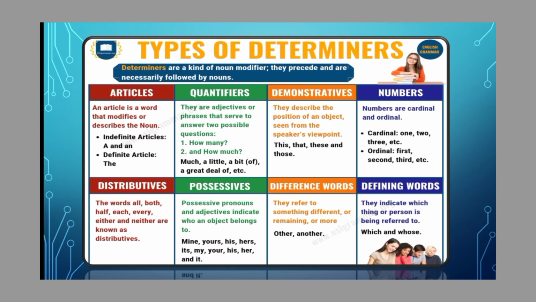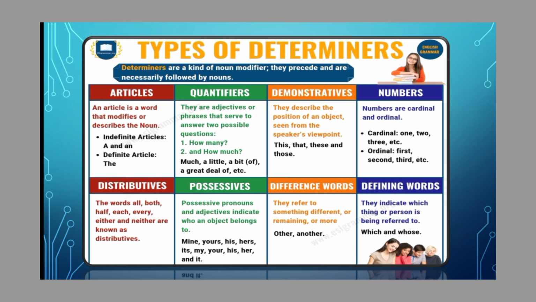Next, different words. They refer to something different or remaining or more. Other, another, like that. Next, defining words. They indicate which thing or person is being referred to. Defining words, whose, which, answer two questions, whose and which.